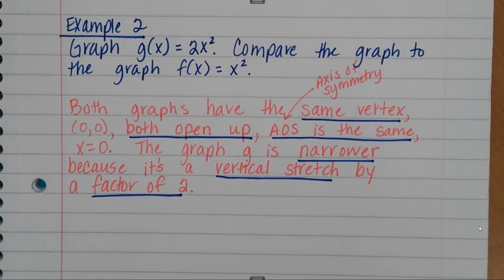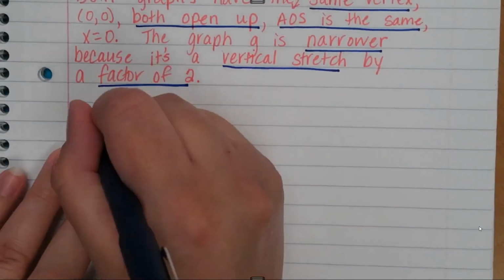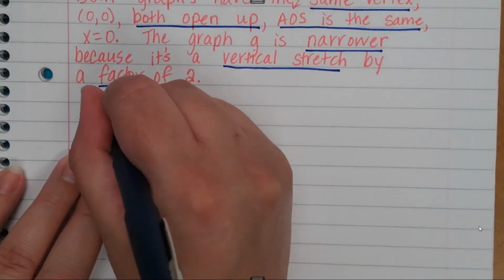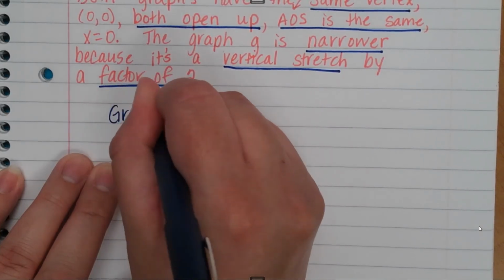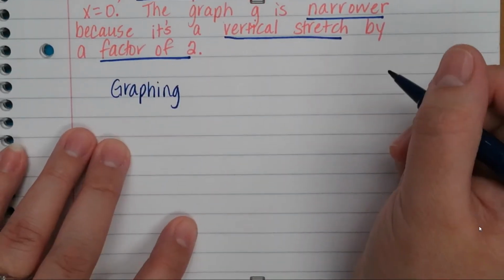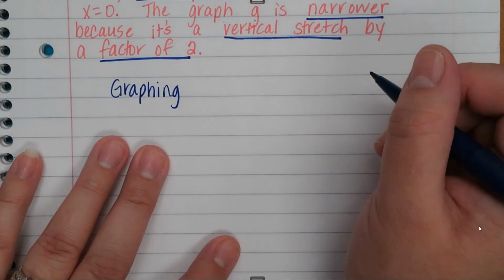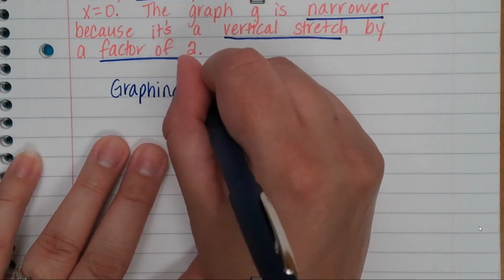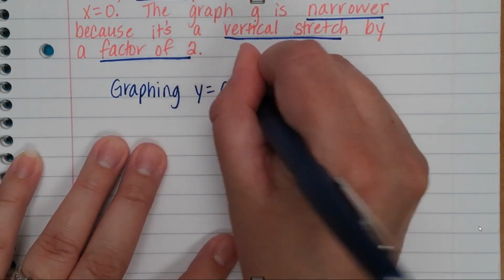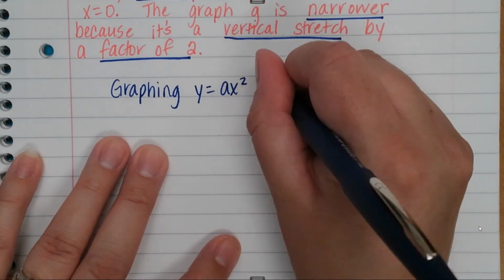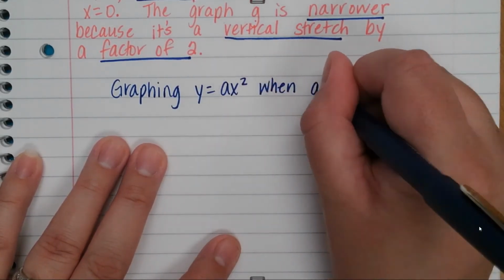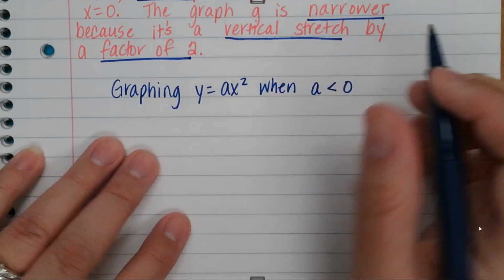Okay, let's move on to a different example. The next part is going to be graphing y equals ax squared when a is less than 0.